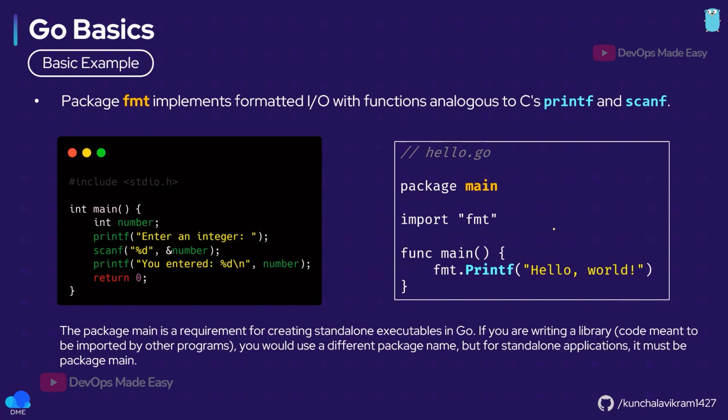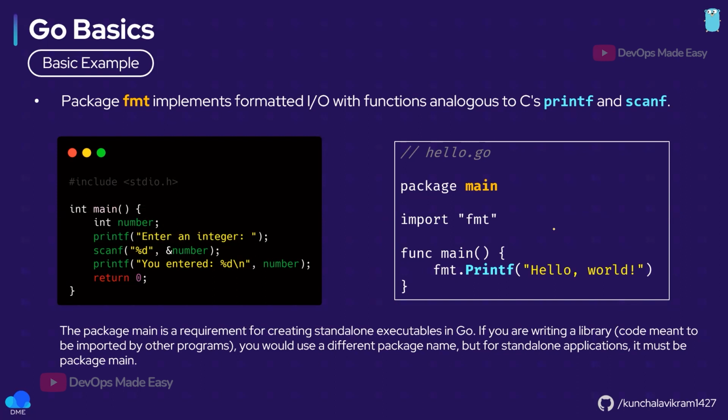If you're trying to build an executable, there should be a package main and there should be a function main that serves as an entry point. Otherwise you cannot build your executable. That Go code can only be used as a library or a dependency for other projects. You can have any number of packages.